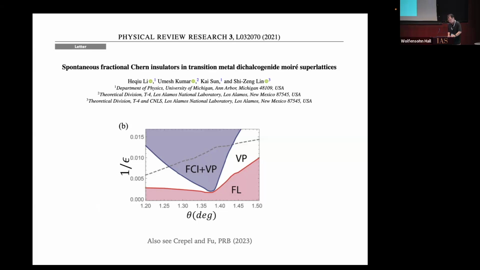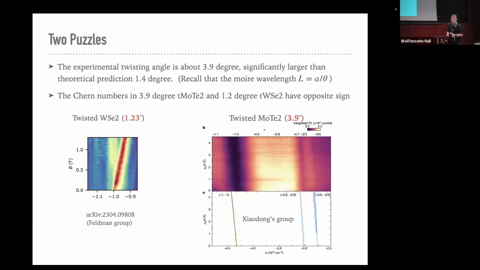So now everything seems to be set up. The only thing needed is Xiaodong asking a student to spend 200 hours in the lab making a device, right, and see what's going to happen. But there are in fact two puzzles. The very first one is that the experimental twist angle is about 3.9 degrees, right?